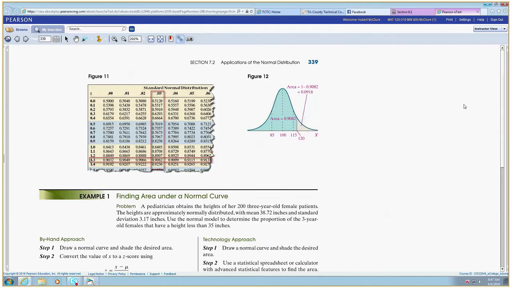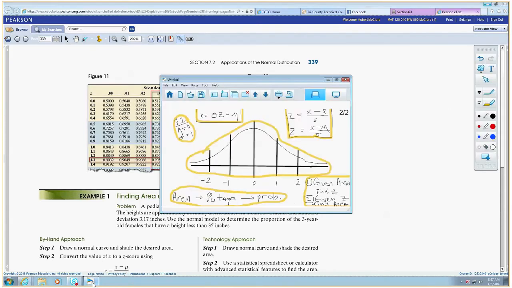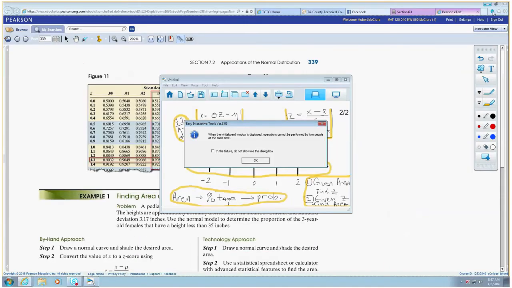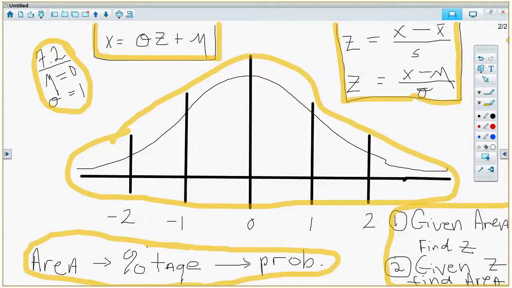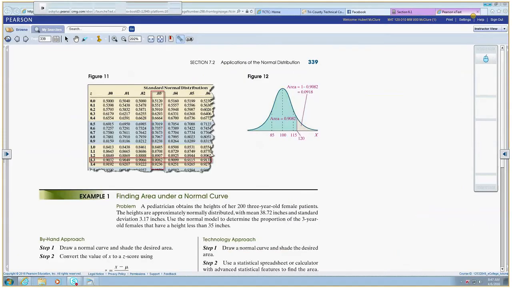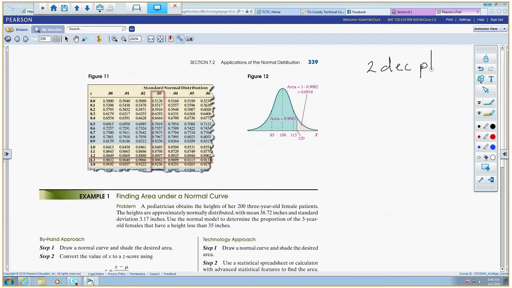Now, one thing I like to tell students when talking about this section of math: if you're talking about two significant digits, meaning 2 decimal places, and they give you a number with 2 decimal places, that's a z-score. Okay?